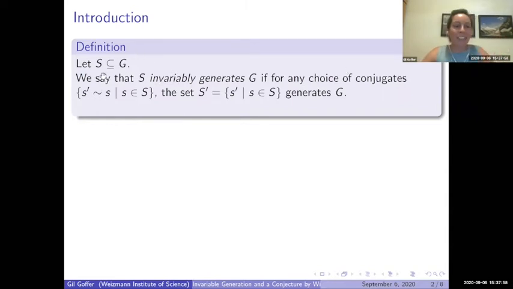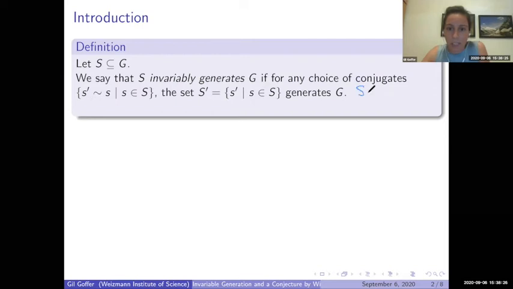So okay, let S be a subset of G, and we're going to say that S invariably generates G if for any choice of conjugates of elements in S, the new set S prime, so that's the set of conjugates, also generates G. So it doesn't mean that I conjugate all elements of S by the same element, but I just conjugate each one of them independently.